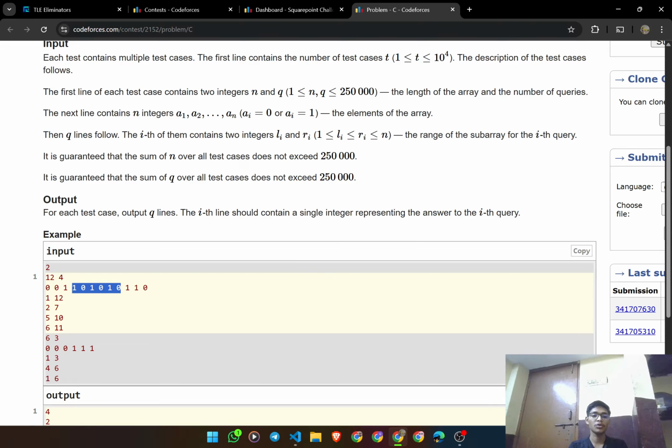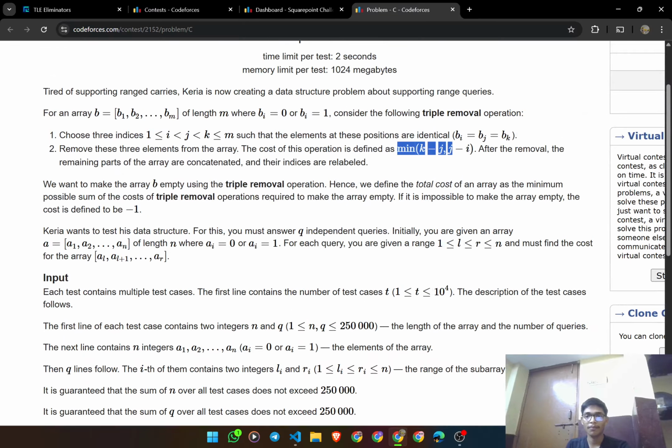This is the time when we arrive at the maximum cost, because if we choose 1 1 and 1, or we can choose 0 0 and 0, we will have to pay the cost as 2. This 0 and this 0 distance is 2, this 0 and this 0 distance is also 2, so the minimum from both the distances will be 2.